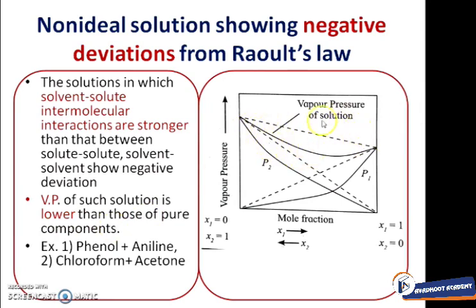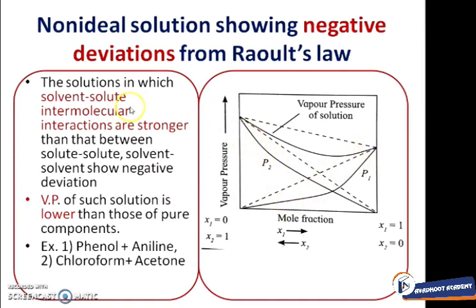Now again look at this diagram. The dotted line represents the ideal behavior. So this is the ideal total pressure of the solution, and this line is the ideal partial pressure of one component. This dotted line again shows the partial pressure of the other component when it shows ideal behavior.